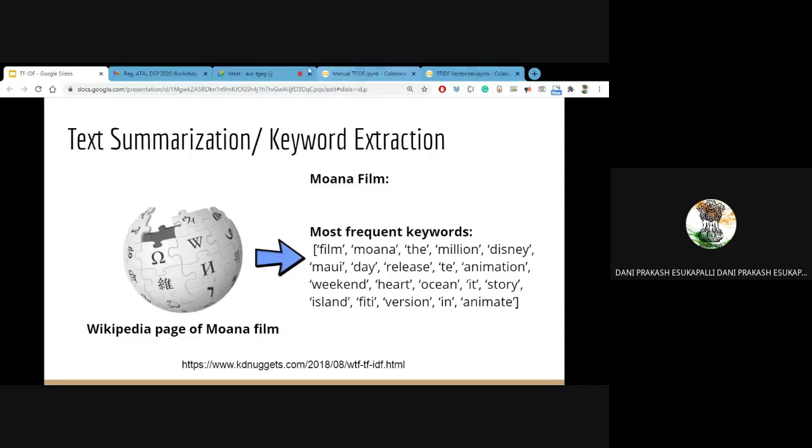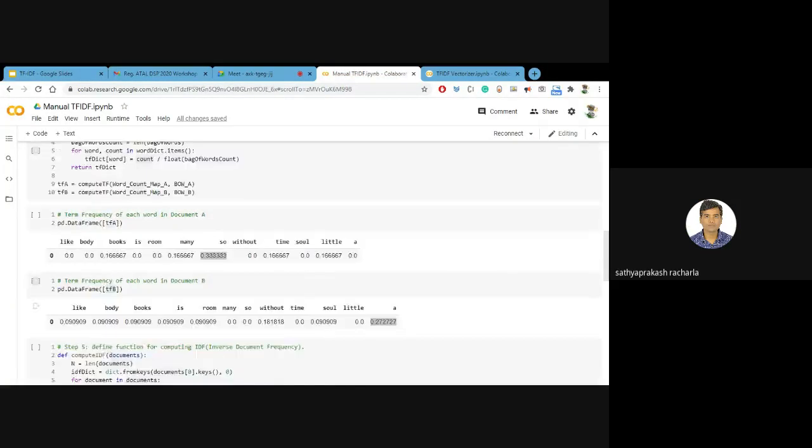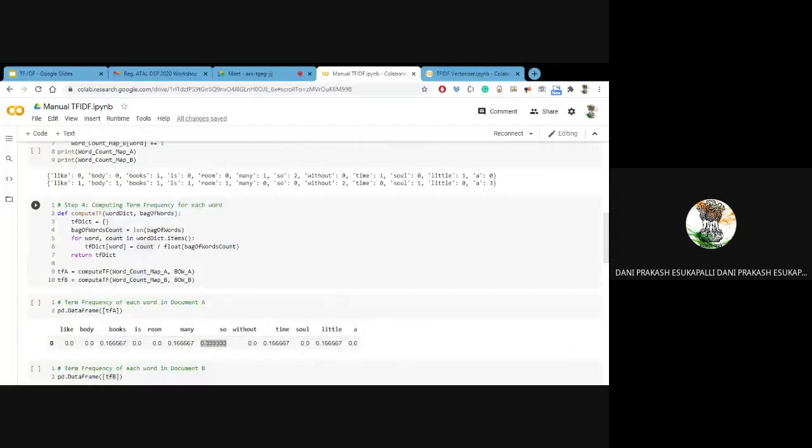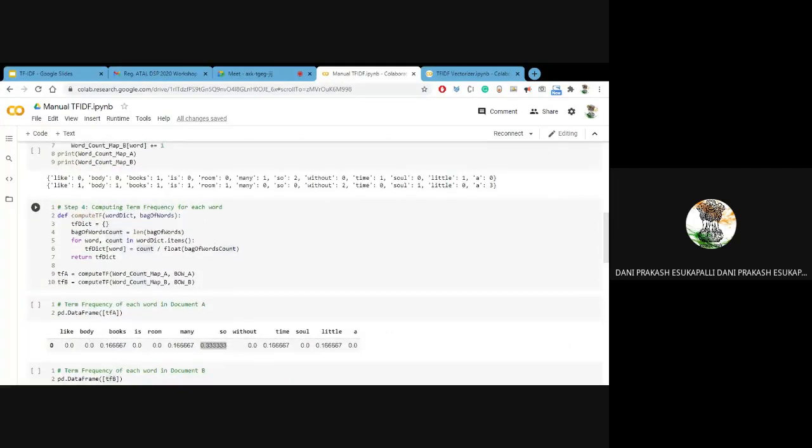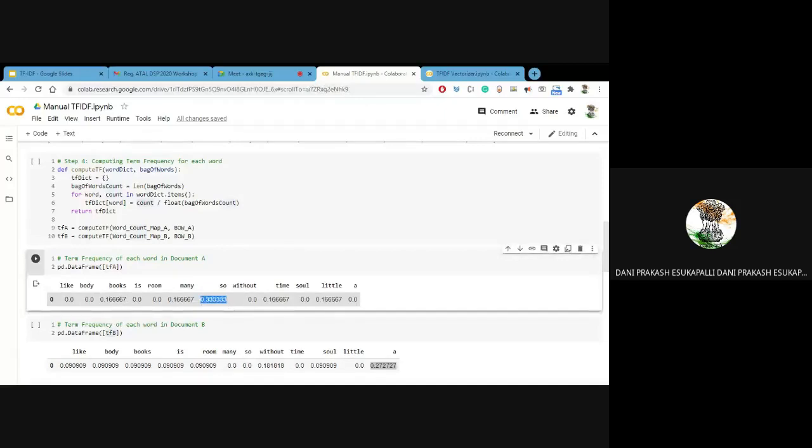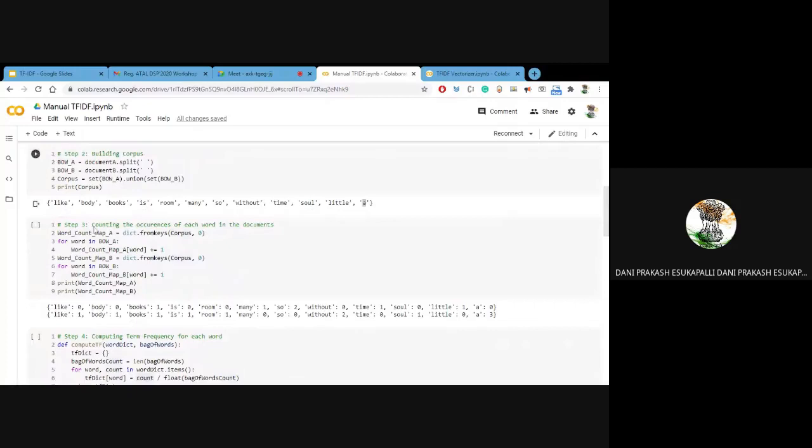See, TF means term frequency. It will give more weightage to the frequent terms. Like "so" is there, and it is giving more weightage to "so" because it occurs 2 times. But the word "so" will not have that much discriminative power, may or may not.